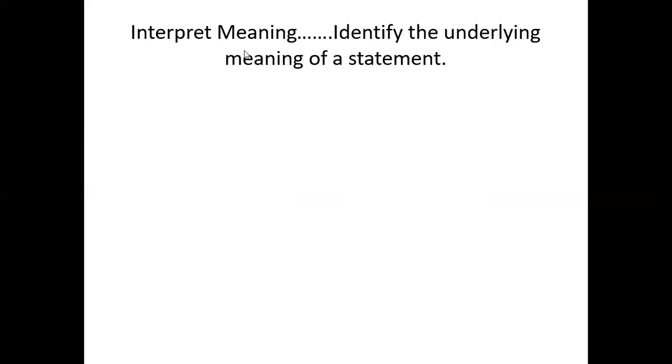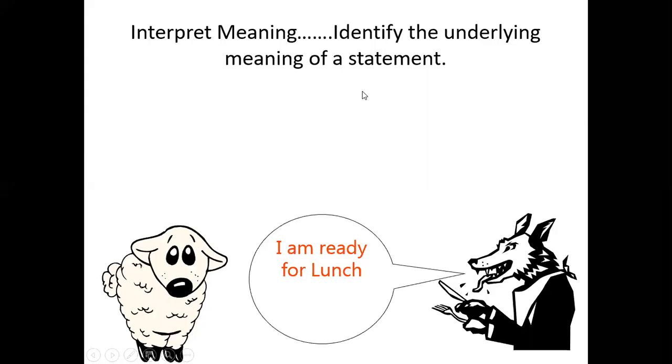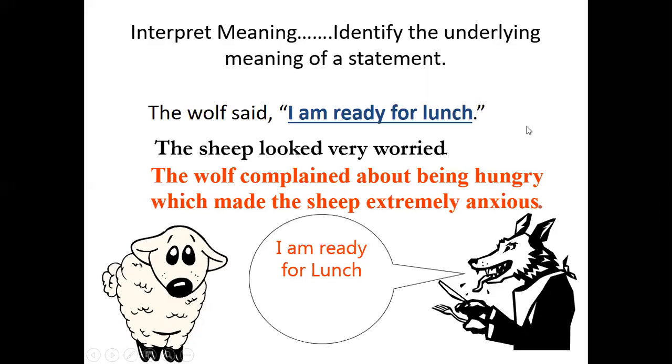We can also interpret the meaning of the sentence, where you identify the underlying meaning of a statement. Let's look at an example. The wolf said, "I am ready for lunch." Now, what does this exactly mean? After the wolf has said this, the sheep looked very worried. Okay?